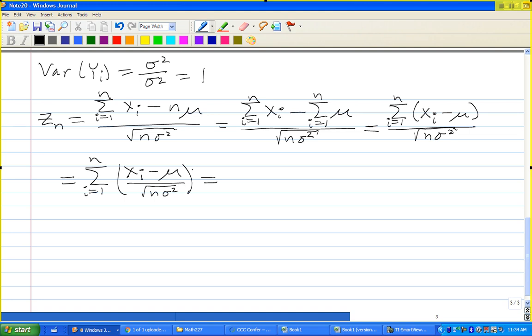So this is equal to the sum i equaling 1 to n of 1 over radical n, writing the denominator as the square root of n times the square root of sigma squared, so xi minus mu over sigma.